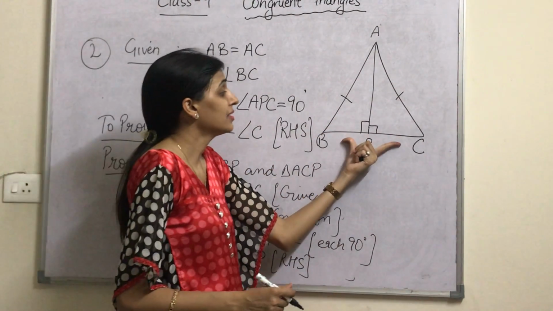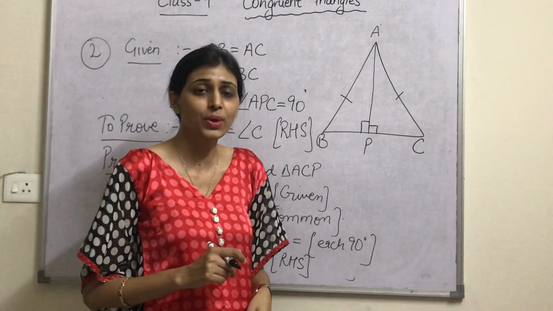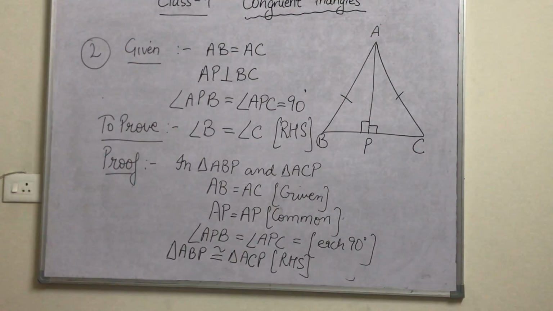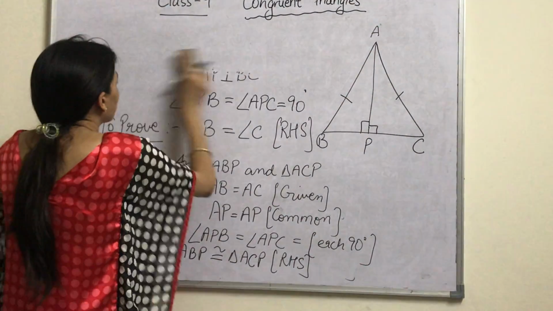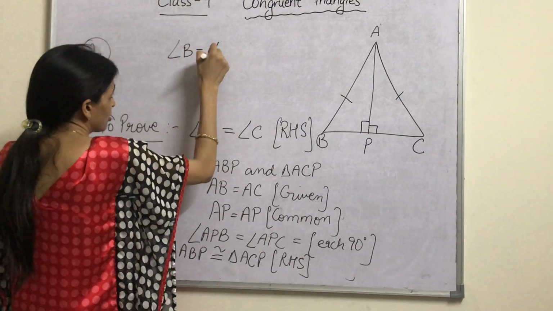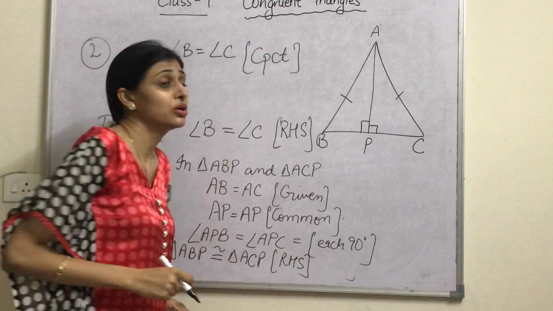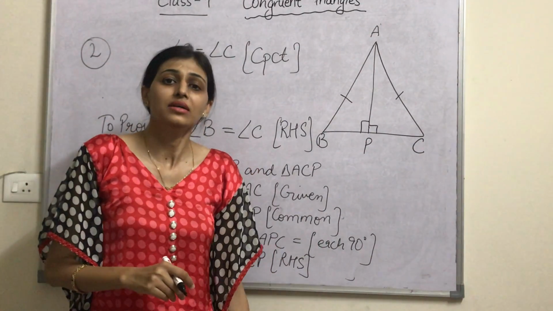If both are congruent, that means their angles are also equal. So I can say angle B is equal to angle C by CPCT, corresponding parts of congruent triangles.